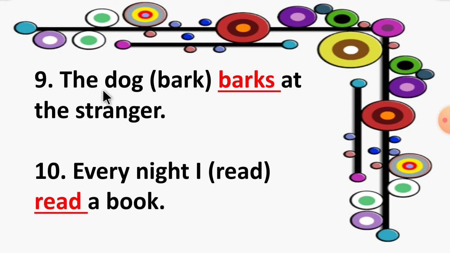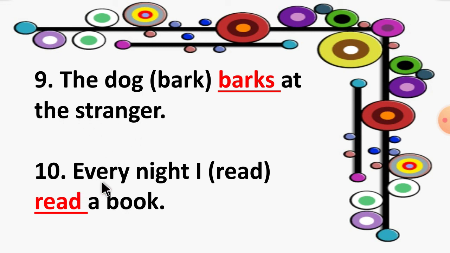That when we are making a sentence with he, she or it in the simple present tense, we will add s or es or ies at the end of a verb. The dog barks at the stranger.